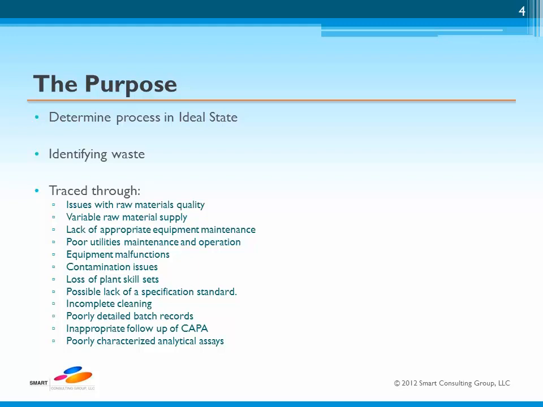Often, variability in processes can be an additional source of waste and inefficiency, and some of these can be traced to the following. Issues with raw material quality such as potency, bioburden, or heavy metal contamination. Variable raw material supply if key components are sourced naturally from global suppliers.